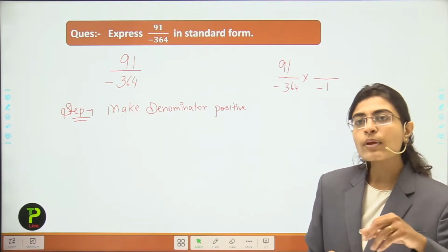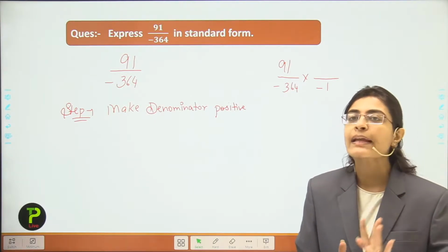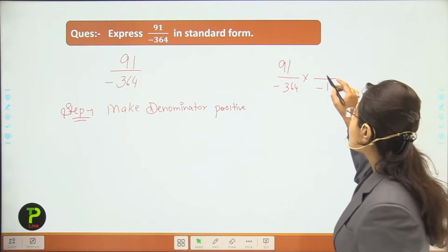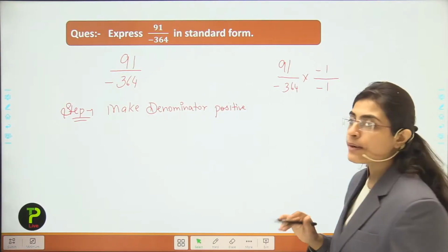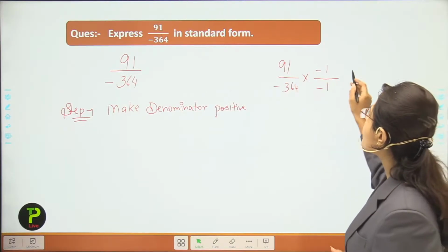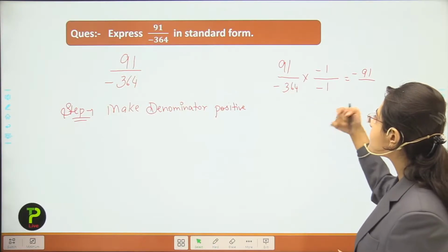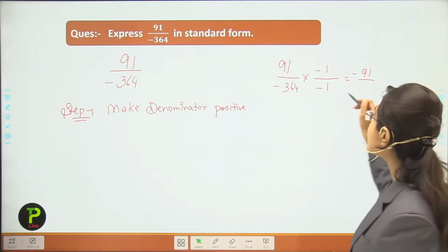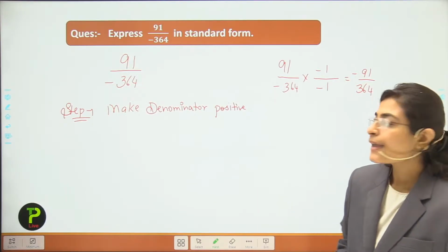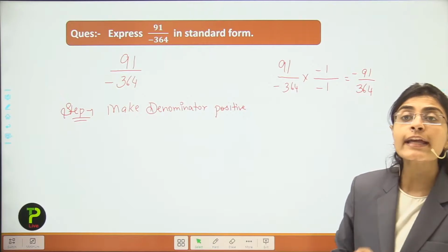When we multiply the denominator by some number, I have to multiply the numerator by it as well, so that the value of the fraction remains the same. So here minus 1 divided by minus 1. Here 91 into minus 1 will be minus 91, and minus 364 into minus 1 will be 364. Right. So here my denominator got positive and the numerator got negative.